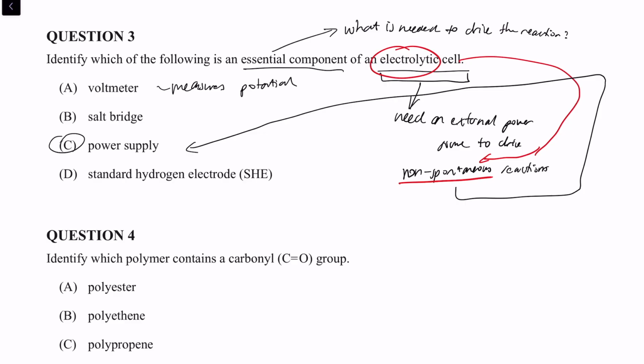So you can also do process of elimination here and see that for the salt bridge, that's only needed in voltaic cells.